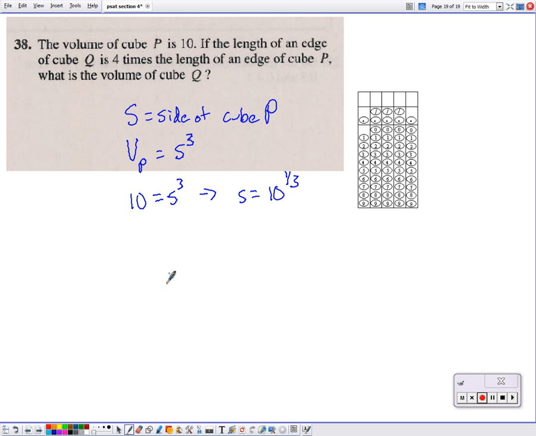I know that the edge of cube Q is 4 times the length of the edge of cube P. So that means 4S is going to be the side of cube Q. So if I take 4S and cube that, that would be the volume of Q. And 4 cubed is 64.